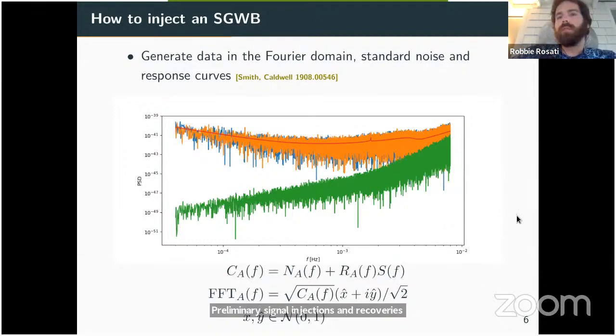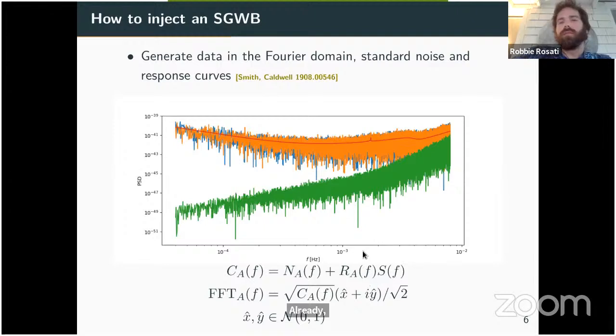So we've implemented this pipeline and have done some preliminary signal injections and recoveries. The procedure for now has just been to do everything in the Fourier domain. This green here is the T channel, and orange and blue are the E channels. We generate the data using the standard noise curves and take the signal, multiply it by the standard instrument response, and use that to create the expected PSD in each channel, which would be this red curve here, which has a couple of injections already.